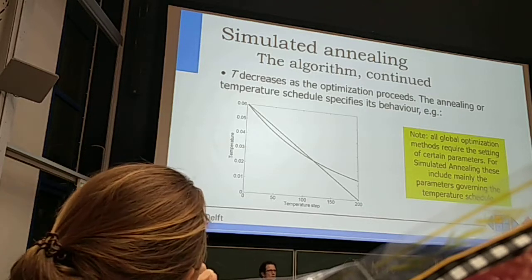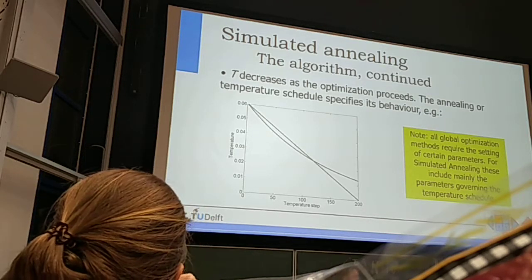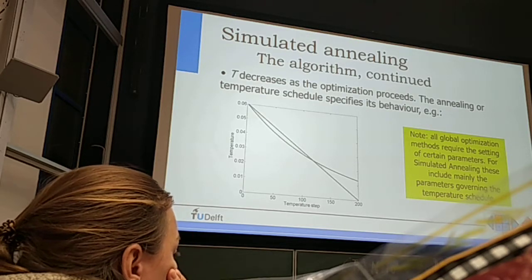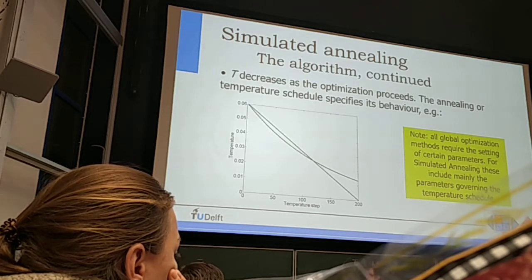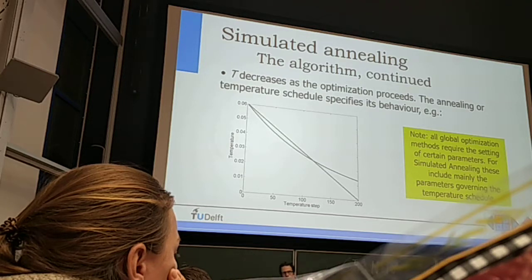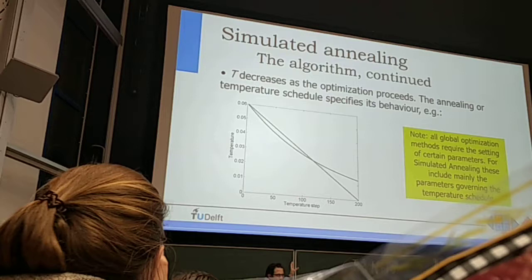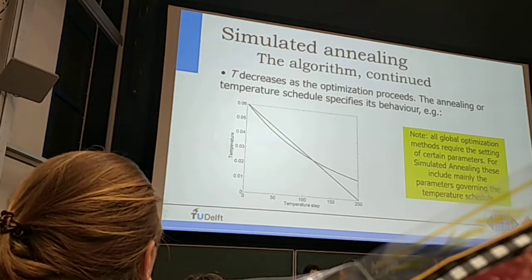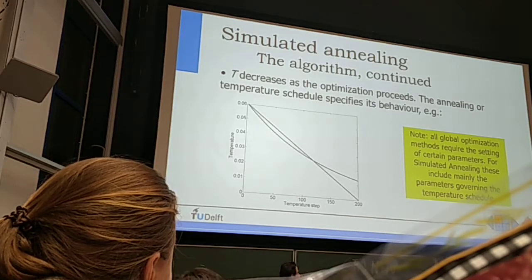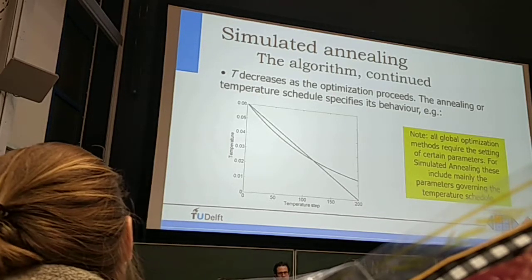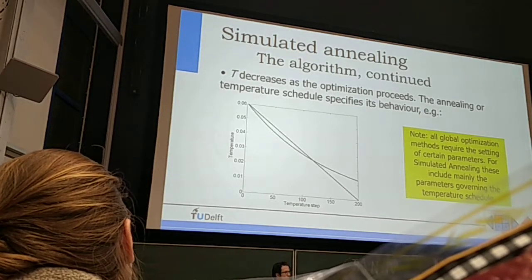So what you see with most metaheuristics is that there are a lot of settings you need to change, and your settings can have a massive impact on how your optimization functions. Whether you find a local optimum or a global optimum is very dependent on a whole bunch of settings. So in this case, the temperature cooling scheme you're choosing, if it's linear or, in this case, a negative exponential, really completely changes the behavior.